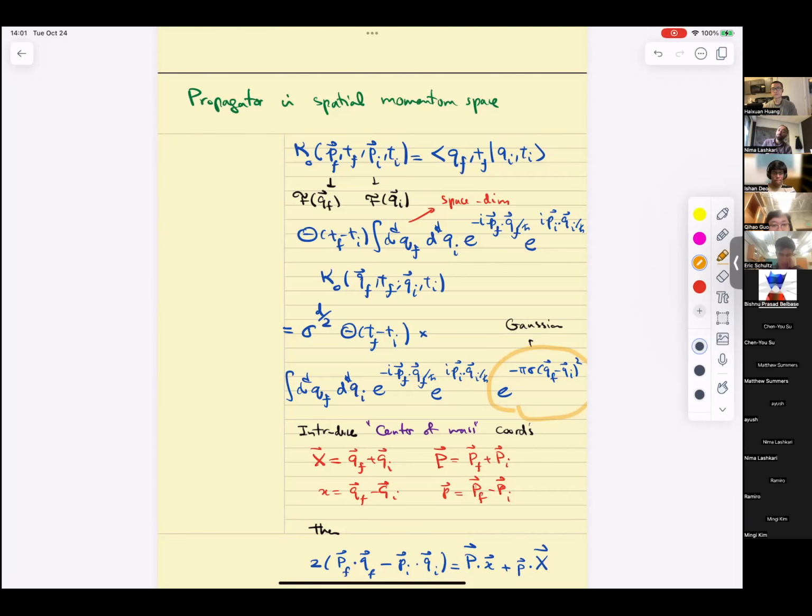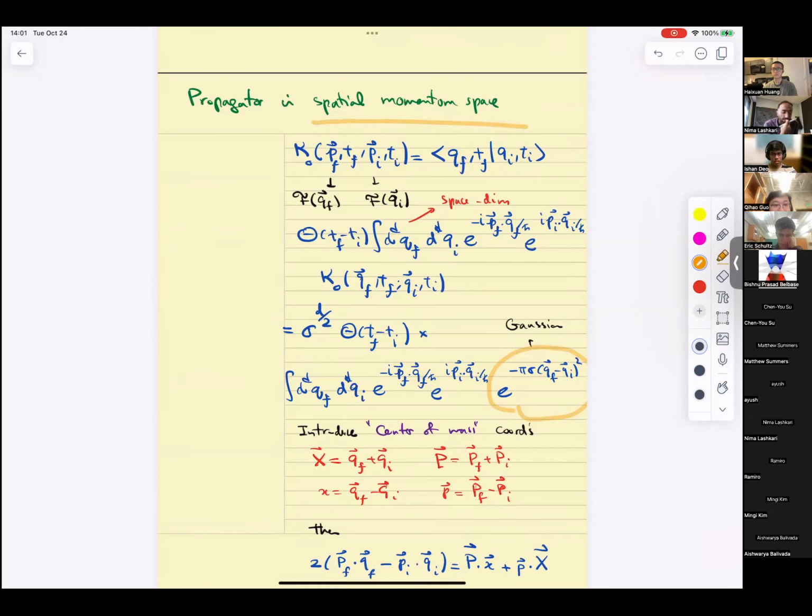So we Fourier transform to turn our differential equations into algebraic equations, right? So we're going to Fourier transform and go to spatial momentum space. So the Fourier transform of Q of F is going to be P of F. These are spatial vectors, momenta, and Q of I is P of I.